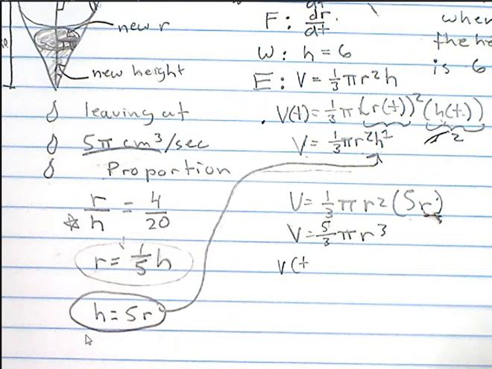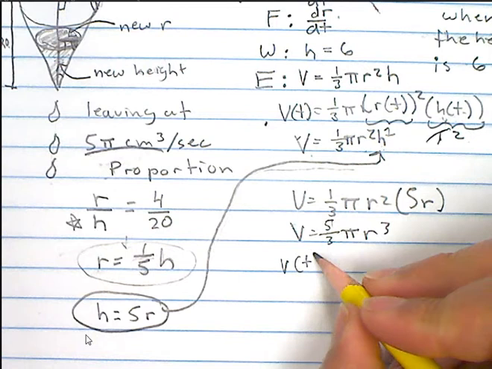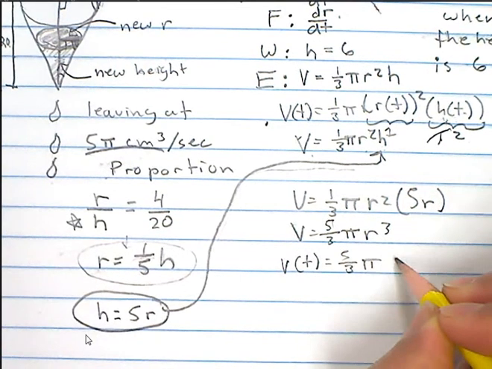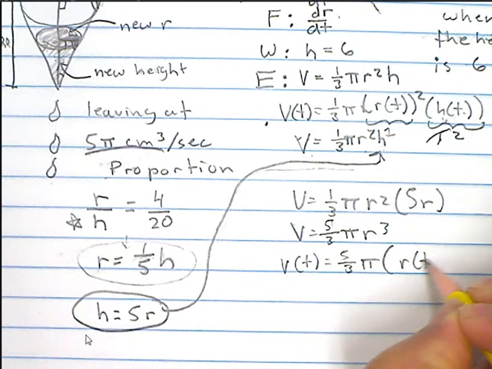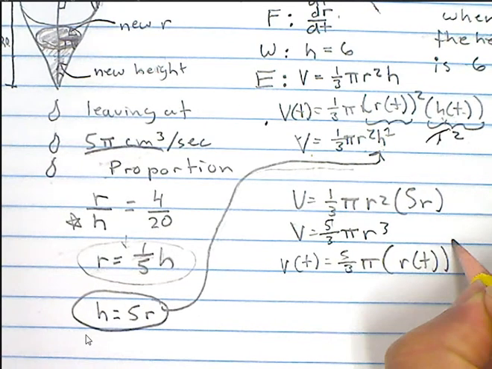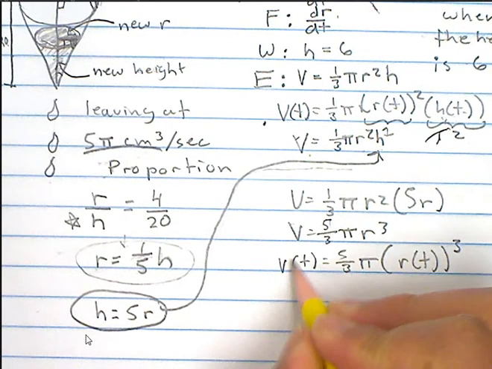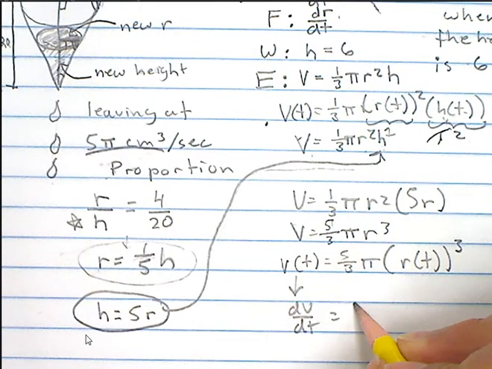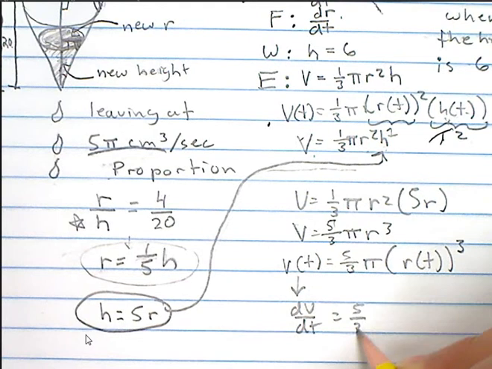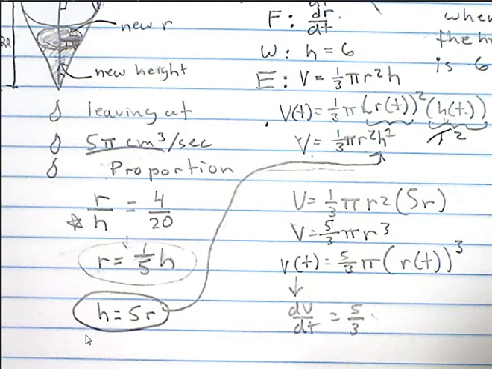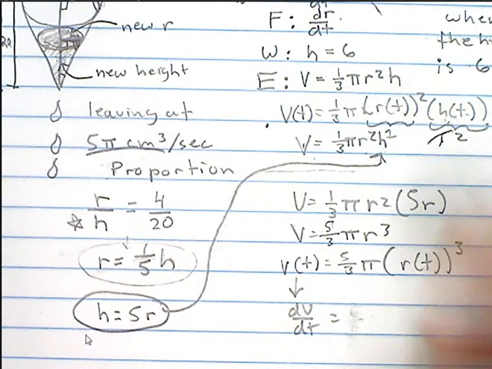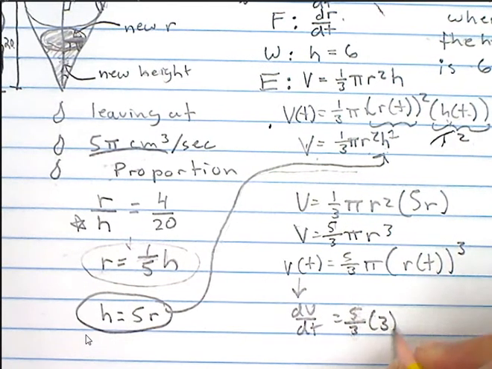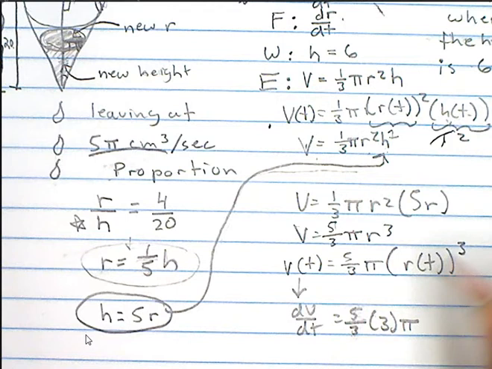Alright. Now I can take my derivative, and it's the same thing that we've been doing. We know the derivative of this is dv dt equals 5/3 pi, because of the multiplication.